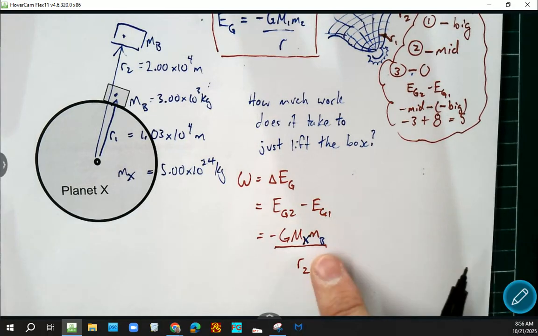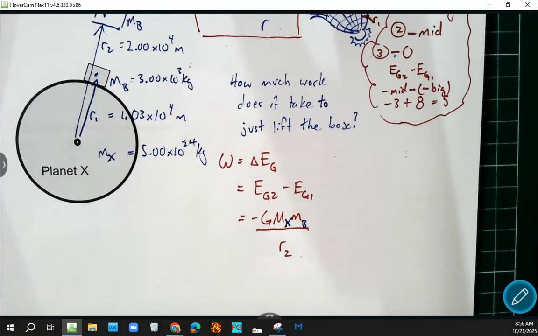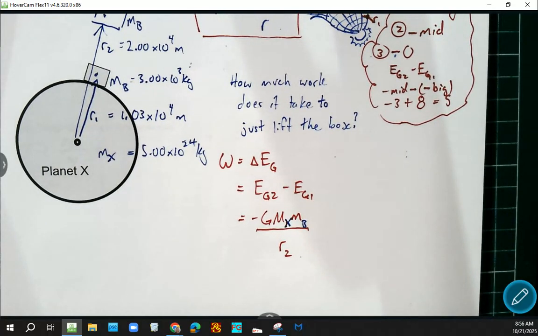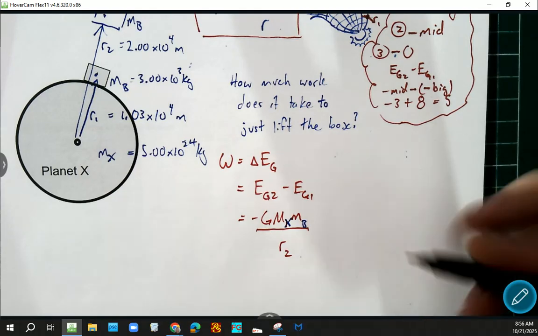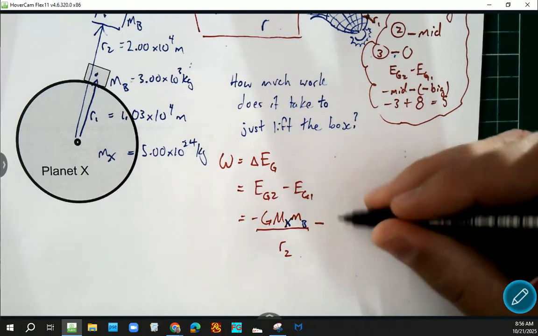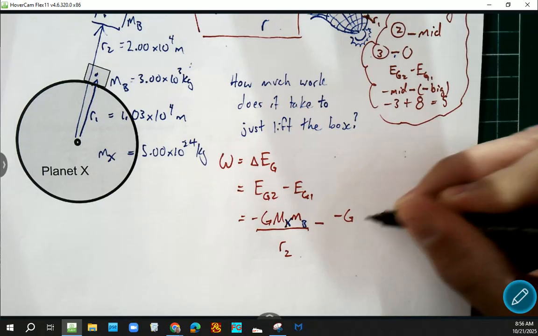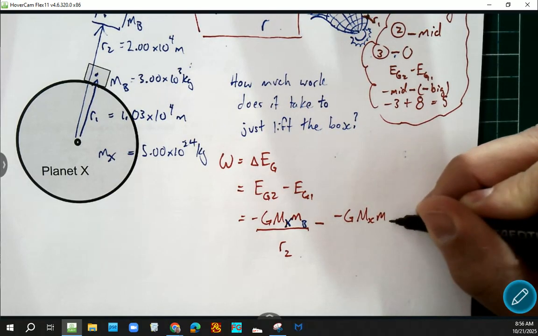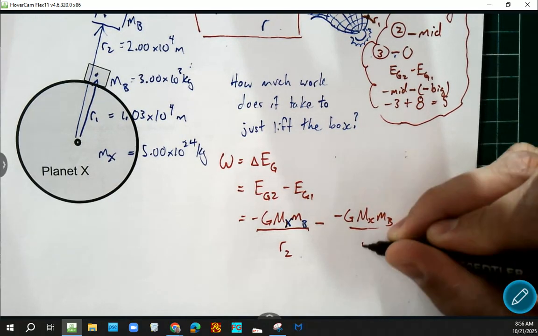So be careful with the subscripts on those masses. It's not mass 1 and mass 2, it's mass X and mass B. And the reason it can't be mass 1 and mass 2 is because we have situation 1 and situation 2 indicated with R1 and R2, right? The two different positions. So minus negative G times mx mb divided by R1.